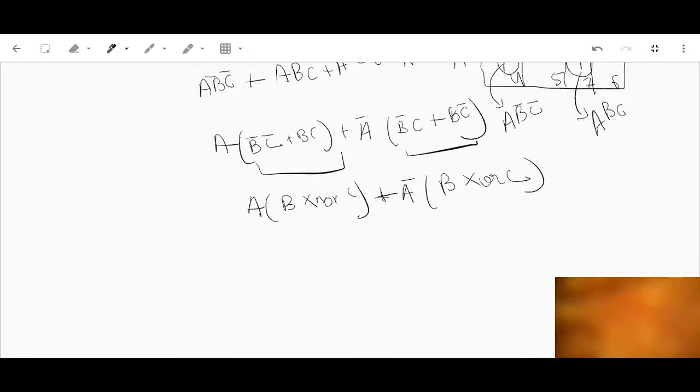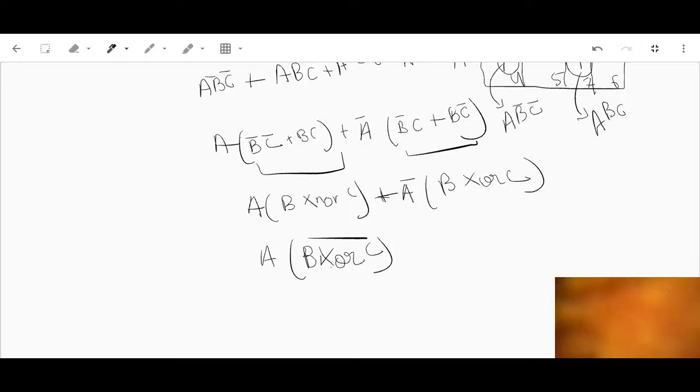And then I'll show you how it will work. So this will be A, B, XOR, C bar. Okay. Means this will be a NOT gate.